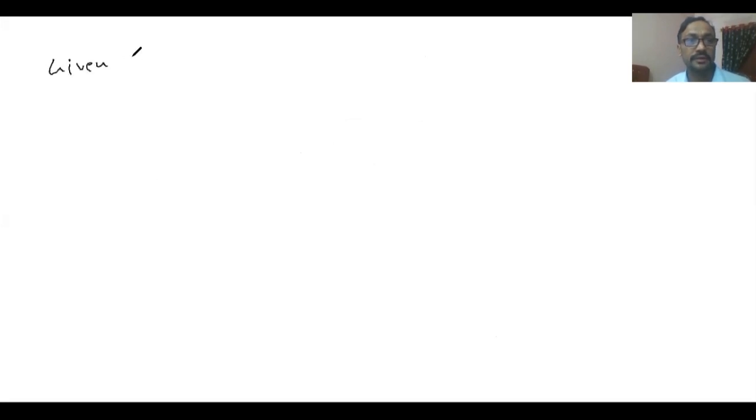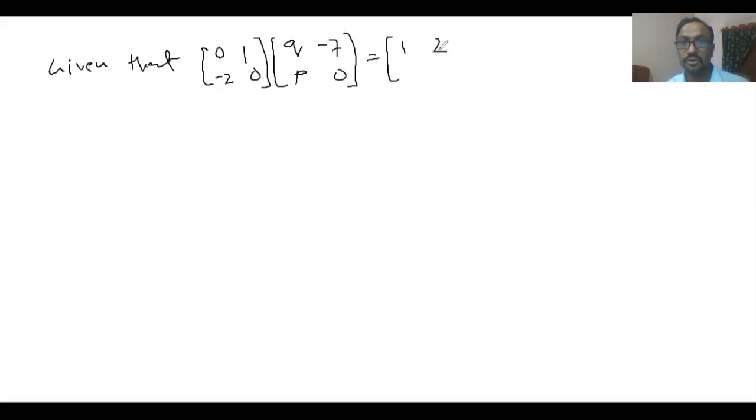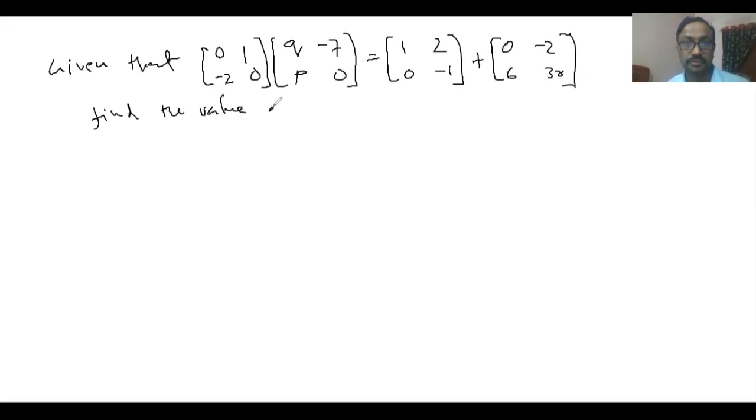It says, given that the matrix 0, 1, minus 2, and 0, times the matrix q minus 7, p 0, is equal to 1, 2, 0, minus 1, plus 0, minus 2, 6, and 3r. Find the value of p, q, and r. All right. So we'll find out the value of p, q, and r.